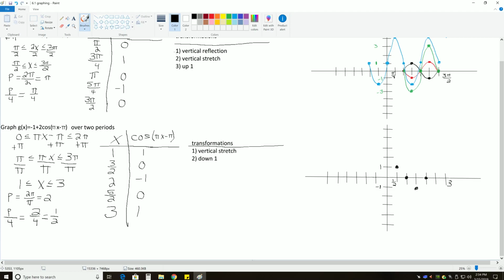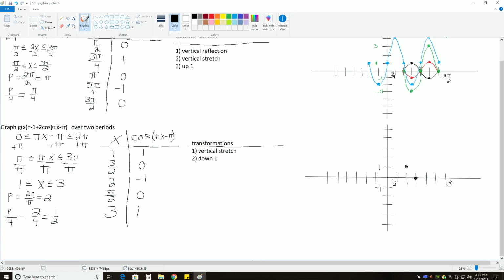Oh, I apologize. I started at 1/2 instead of 1. So we're just going to do a quick fix there. Instead of at 1/2, we needed to start at 1, 1, which is right here. Then 3/2, 0.